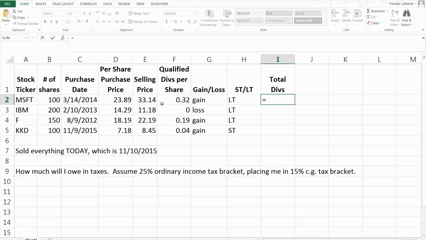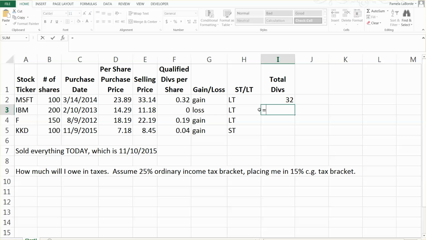I'm just going to link my cells, but you can easily just type this in into a calculator. So I'm going to take my 32 cents per share total that I received from investing in Microsoft times the 100 shares of Microsoft that I own. So from March of 2014 through today, I received dividends from Microsoft totaling $32.